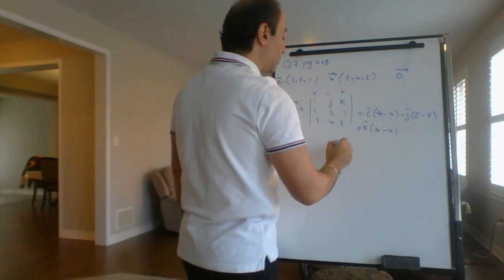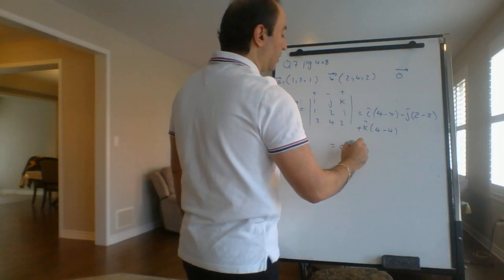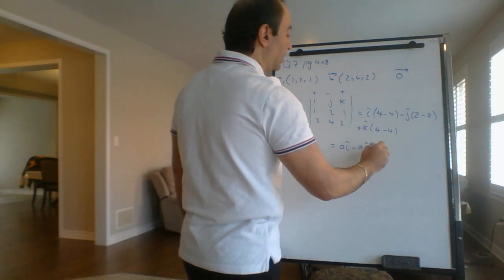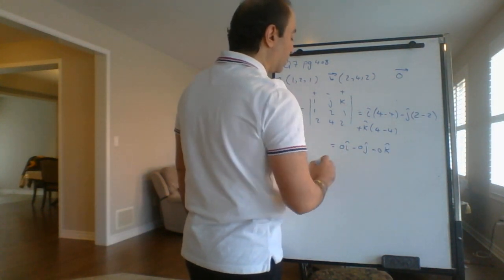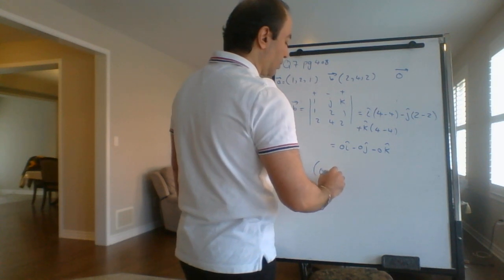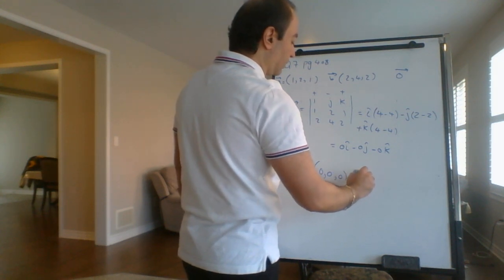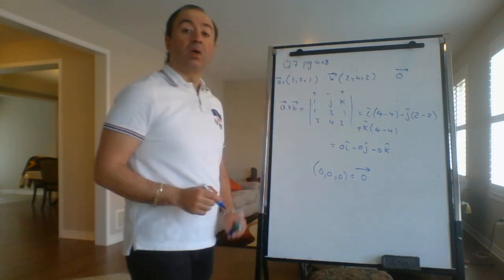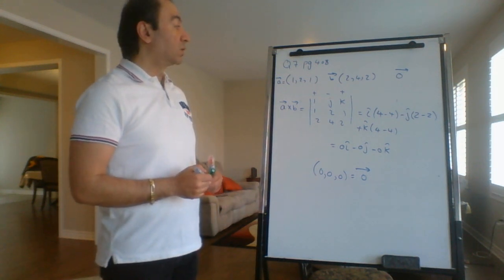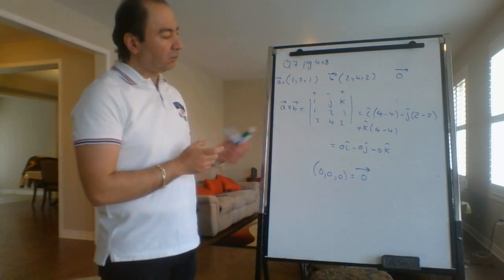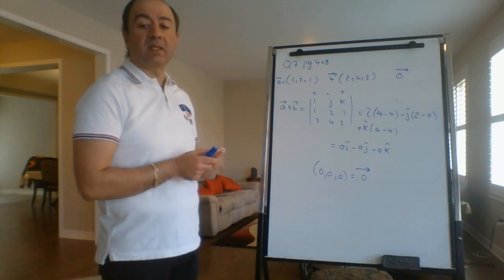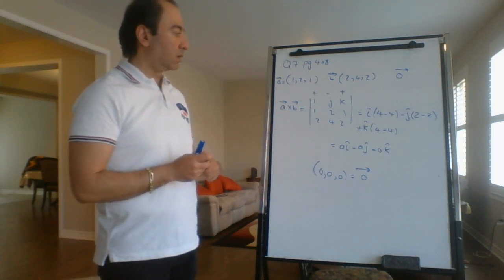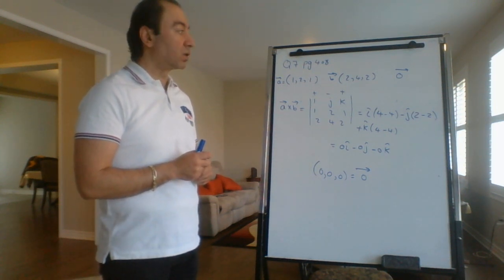So what we ended up with is 0i minus 0j plus 0k. So this is 0, 0, 0, which is vector 0. Okay, do it any way you want, but this is how we show that the result is a 0 vector.